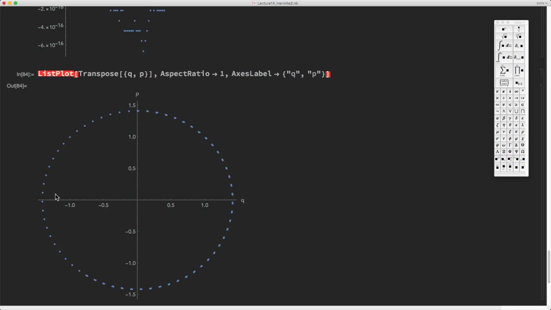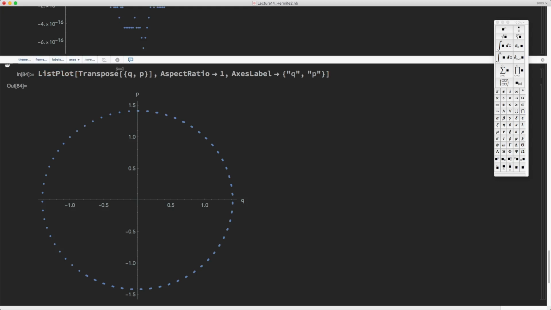So if this circle becomes an ellipse, then this means area in phase space is conserved, but the radius of the circle is not constant, so energy is not conserved. So conserving area in phase space means that the method is symplectic. We will go into detail on that later.